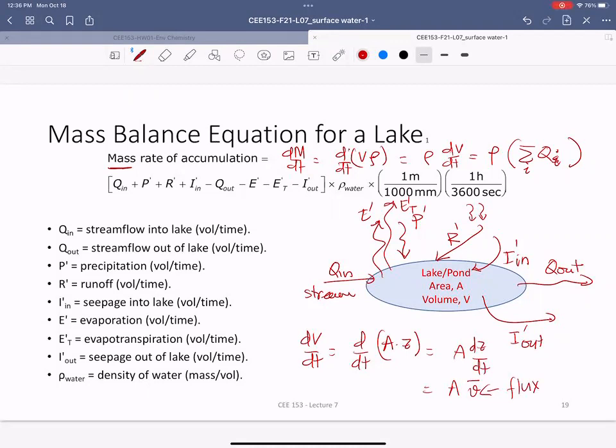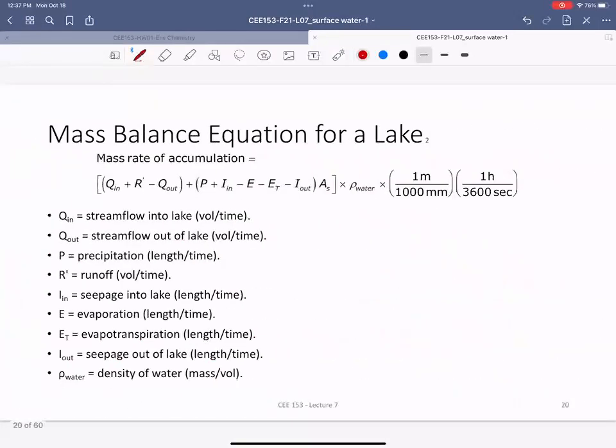So normally you can turn that volume to a flux, which is inch per hour or inch per day or millimeters per day. So that's why many of these units change when you go to precipitation.